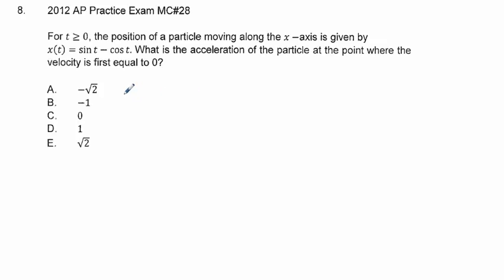what we're going to do is find v of t, which is equal to x prime of t. That's going to be equal to the derivative of sine t, which is cosine t, and the derivative of negative cosine t, which is positive sine t.